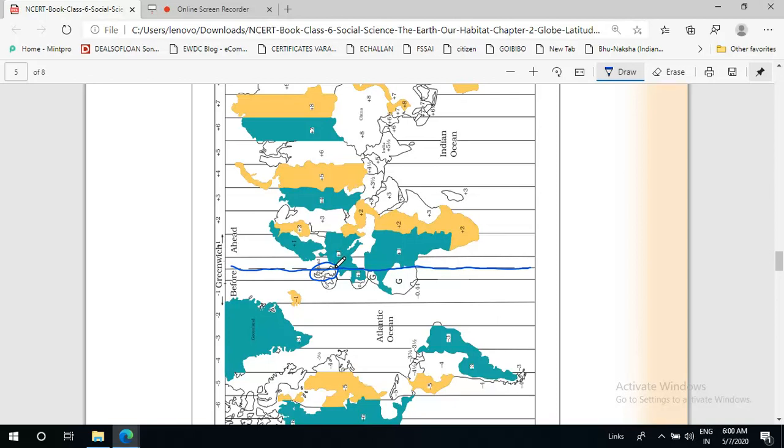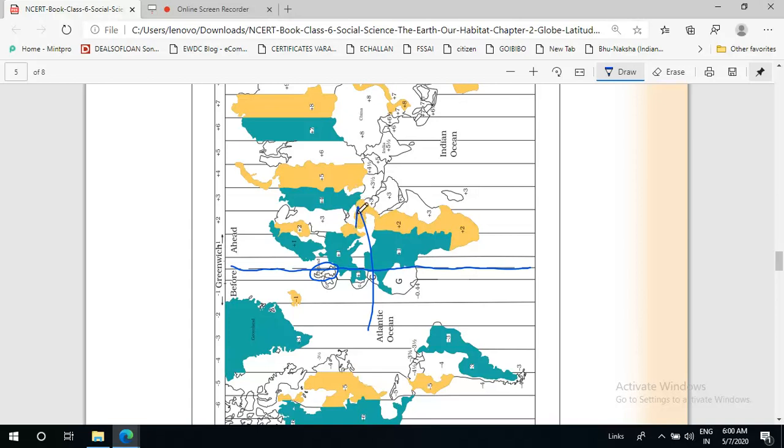I told you earlier that Earth moves from which direction to which direction? Earth moves from west to east. So the movement of the Earth is happening in this direction, from west to east.